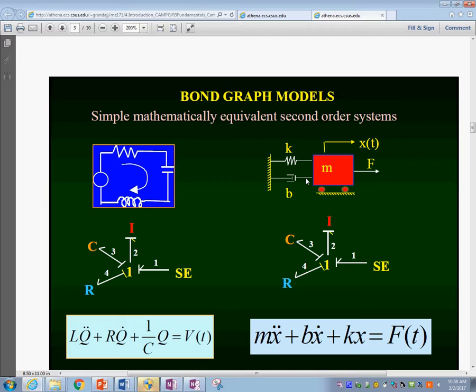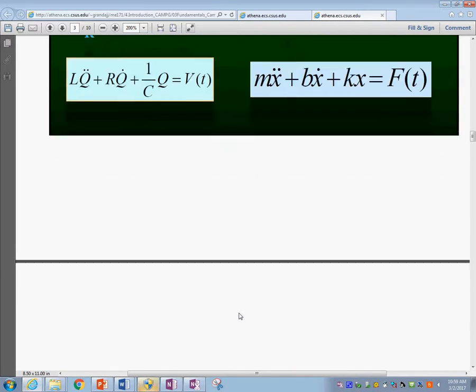It happens that the way they are connected and the elements that they have coincide, and therefore the bond graph models look the same, but the units and the meaning of each one of the variables are different. However, it illustrates the idea that using bond graphs, you could represent systems in many energy domains: electrical, mechanical, hydraulic, thermal systems.